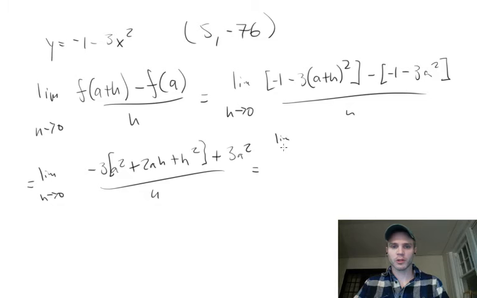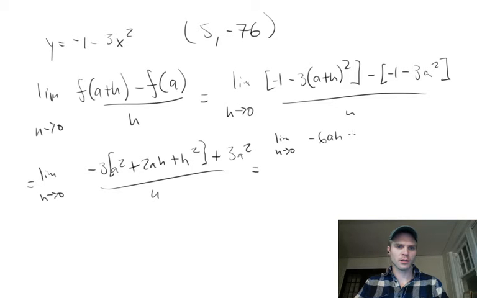which is equal to the limit as h approaches 0 of, so -3a squared plus 3a squared is 0. So this becomes 2ah. Oh, no, I'm sorry. Becomes -6ah.